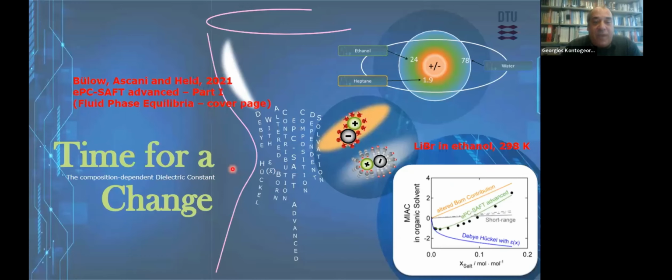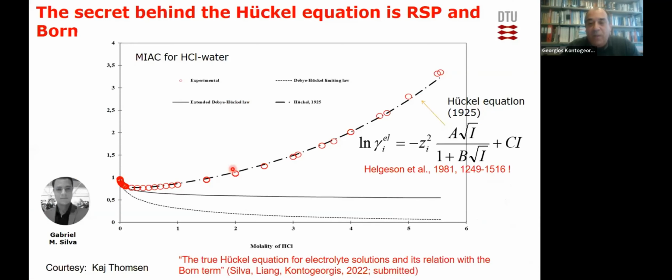So it's time for a change, writes Christoph Held last year about the importance of the Born term, but the questions are still there, as I've told you. Nevertheless, the importance of the Born term was clear, even to Debye and especially to Erich Hückel. That's why Erich Hückel, 2 years after the Debye-Hückel paper, published the Hückel equation that you see here.